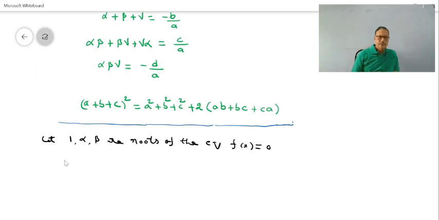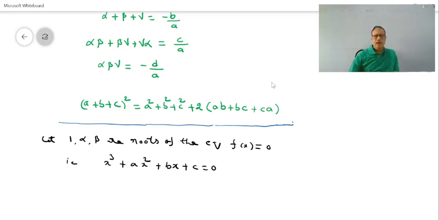That is, what is f of x is equal to 0? X cube plus ax square plus bx plus c is equal to 0.